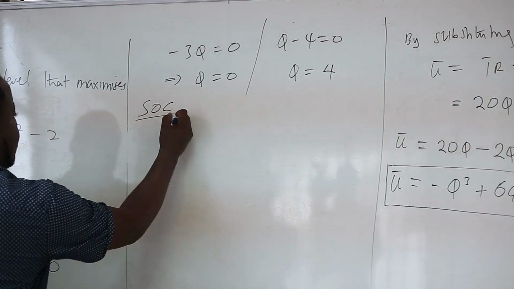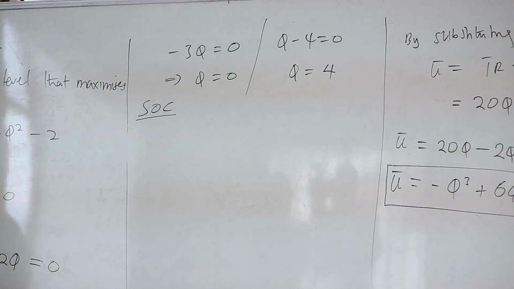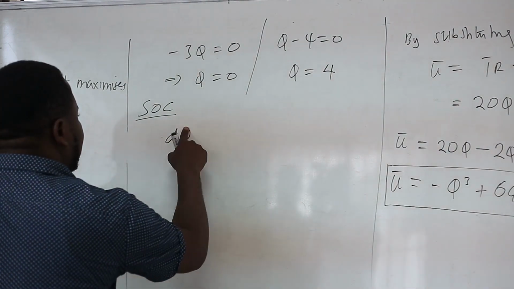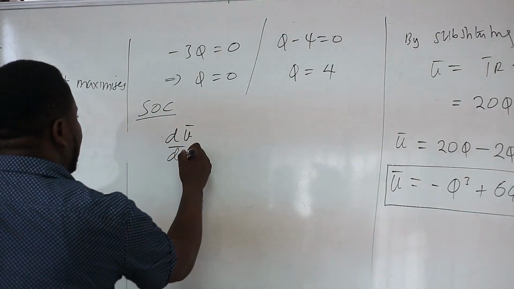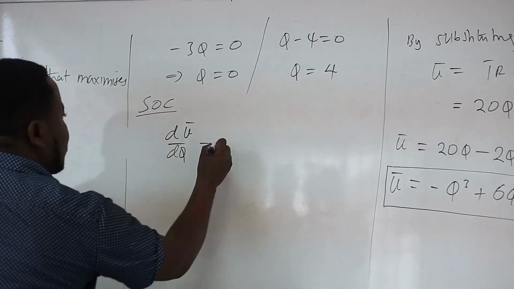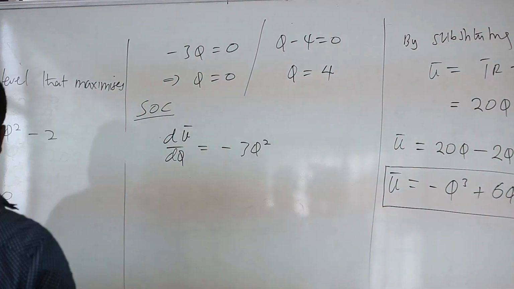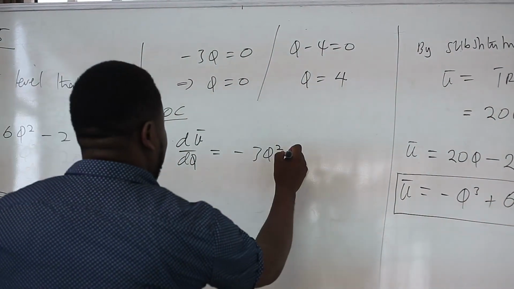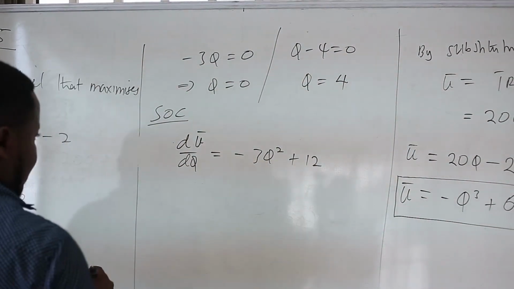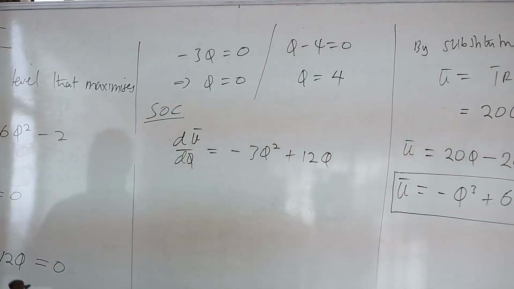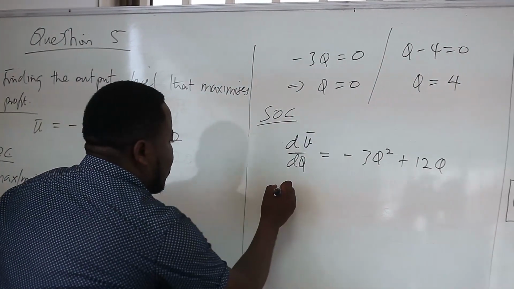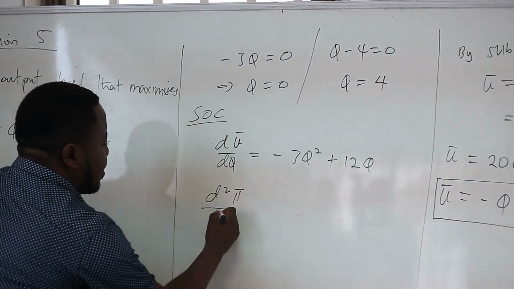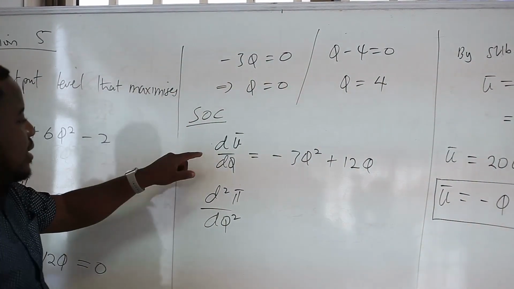So second order conditions. Before the second order condition, we have to find the second order derivative of this function. So this is the first order derivative of the profit function. So we have d pi dq, which is equal to minus 3q squared plus 12q. So the second order condition is to differentiate this function again.